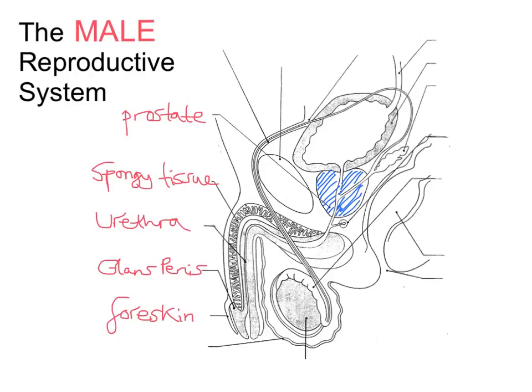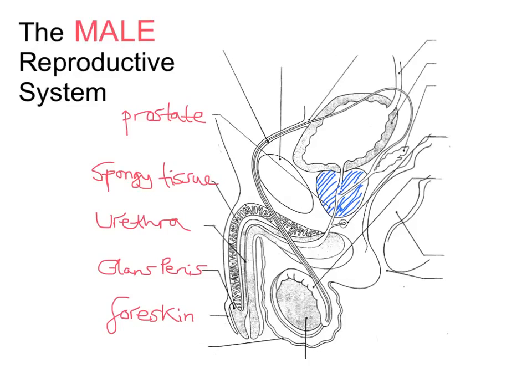Now the prostate gland is really important. It secretes an alkaline fluid that's actually about 20% of the total volume of semen. And that alkaline fluid neutralizes the acidic secretions of the vagina, and that is essential to sperm motility. So now we've got the prostate gland in place.